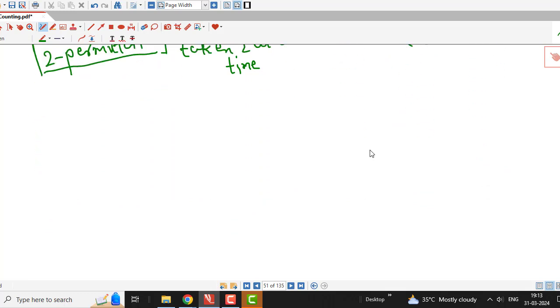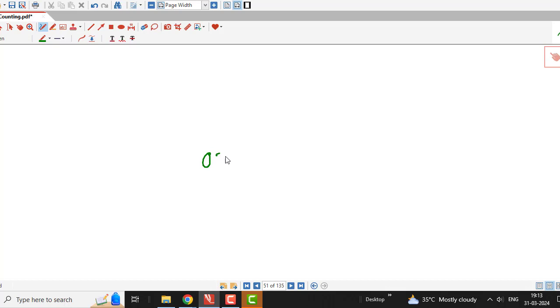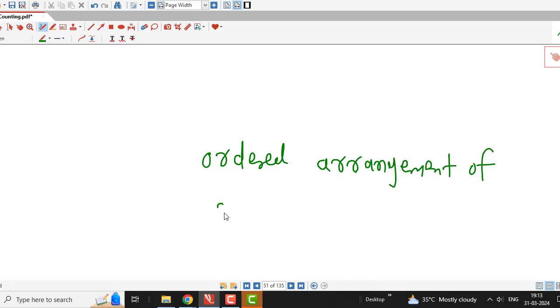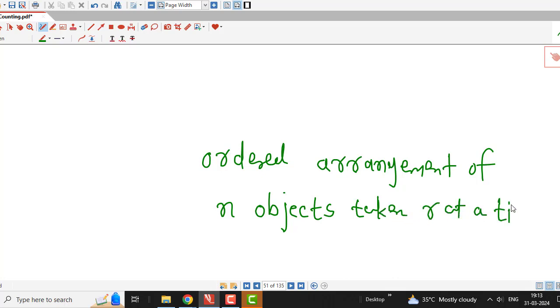So this is the meaning of permutation: permutation is an ordered arrangement of n objects, and if you are considering r objects at a time, taken r at a time, then it is called an r permutation.